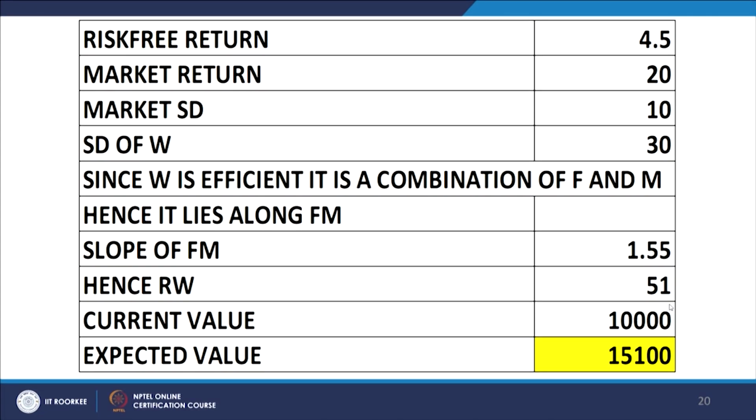Since W is efficient, it is a combination of F and M pretty clearly, because it lies on the capital market line, and all portfolios that lie on the capital market line are linear combinations of F and M. Therefore, W also lies on the capital market line FM.